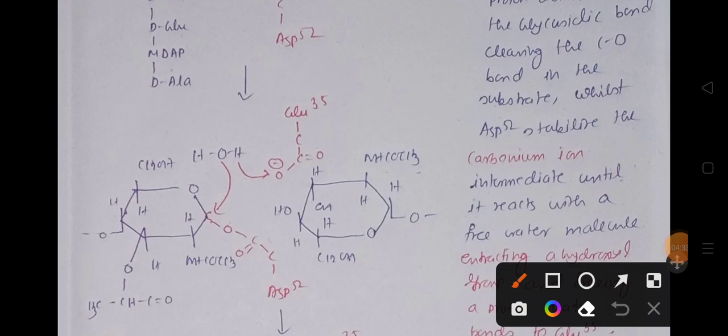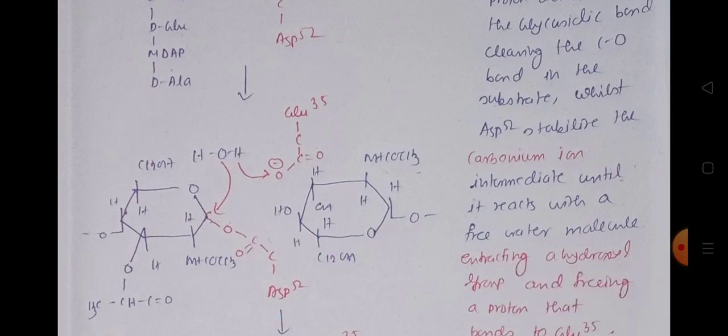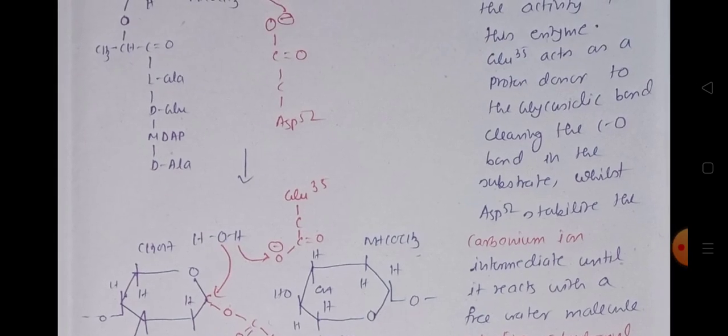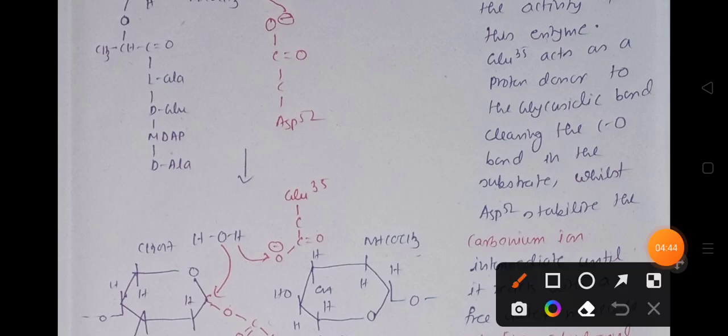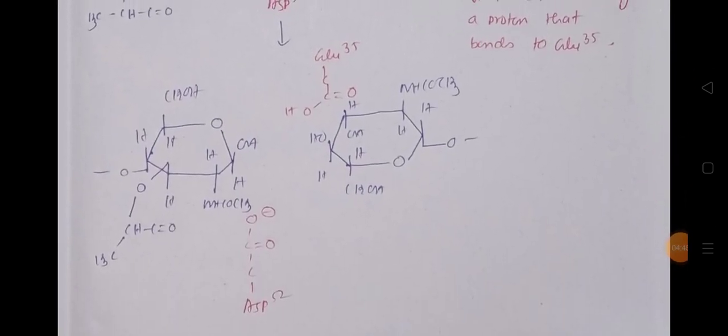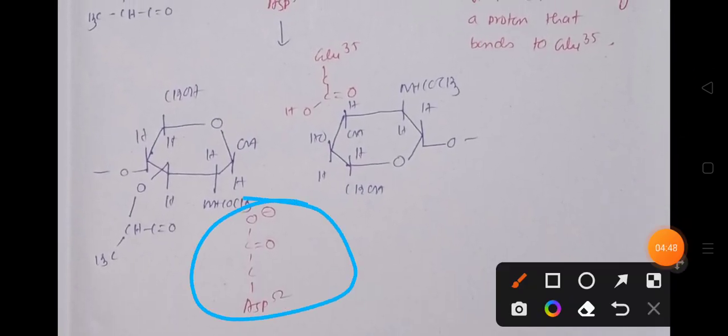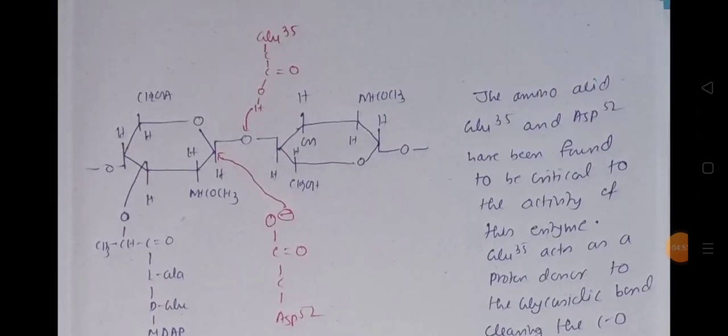Due to this reaction, OH will come here, H will come here, and aspartic acid 52 is also released and becomes charged again. You can see it in the last part of this reaction. That is the idea of how the mechanism of action works in lysozyme.